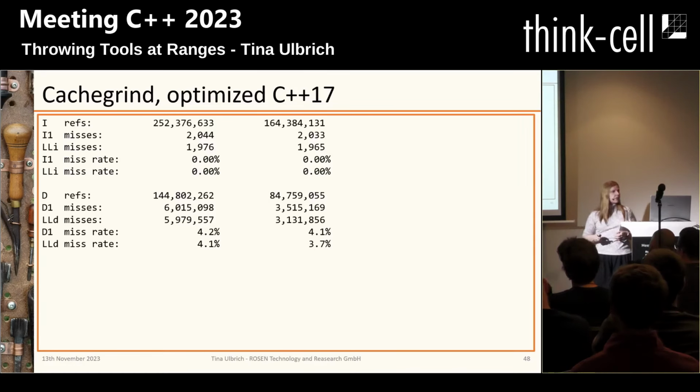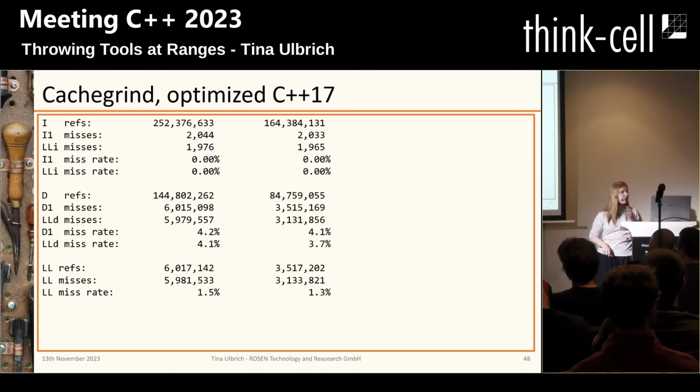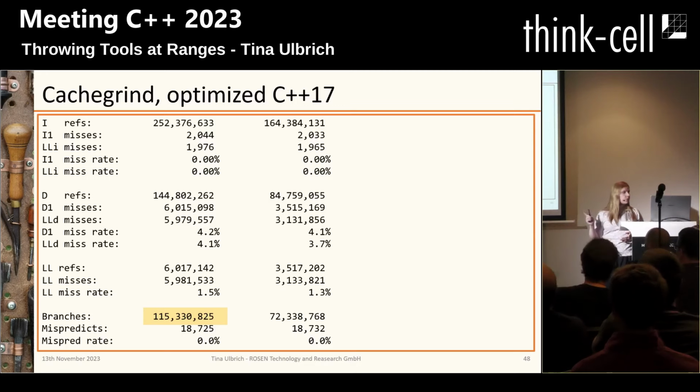So this is what makes the program faster. The last level cache refs also went down, for the same reason. And we also reduced the branches that we created, which makes sense. The program is a little bit simpler. But mispredict is still not high, so it's not a problem that we have these branches. At least I think so.